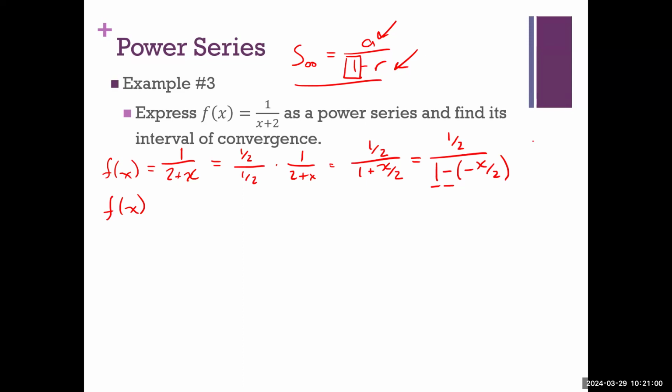So for us, we know that a is a half. We know that r is negative x over 2. We start building out some terms. The first term is what? 1/2. Next term?